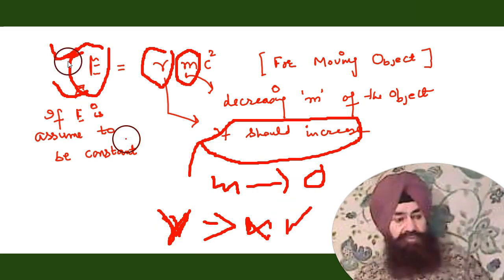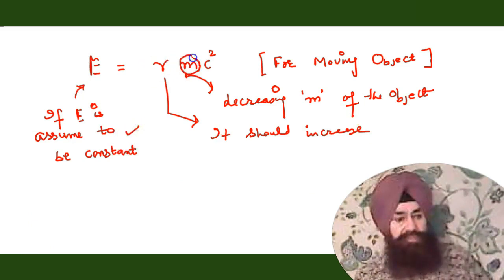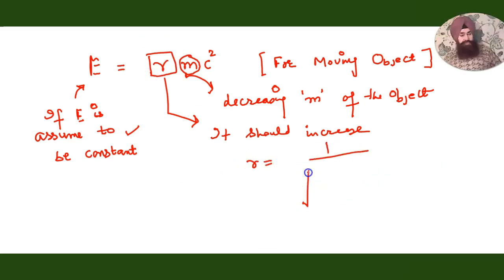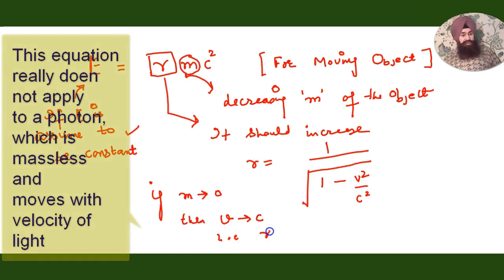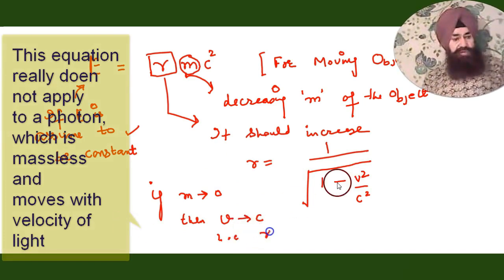Only then can we have the same energy. So what is gamma? If m tends to 0, then v tends to c. v tends to c means the denominator is 0, and something upon 0 means infinity.